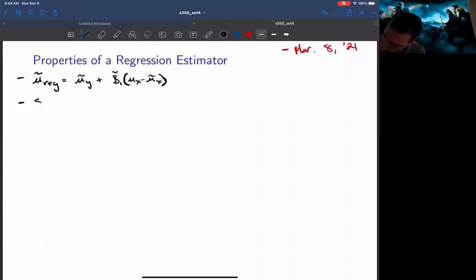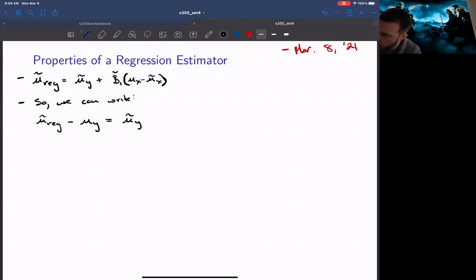Okay, so now we can write that mu tilde reg minus mu y is equal to mu tilde y minus mu y plus, and then we're going to introduce a zero term here, multiplied by mu x minus mu tilde x.